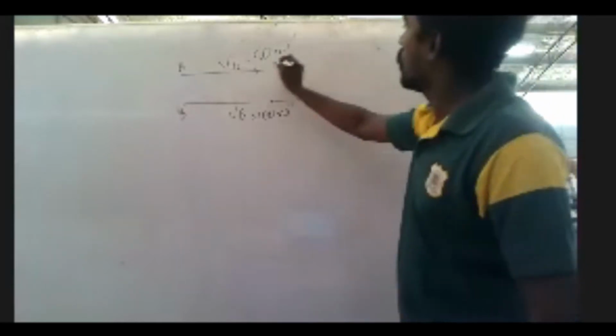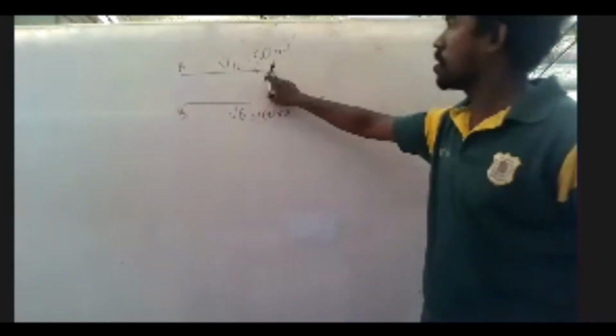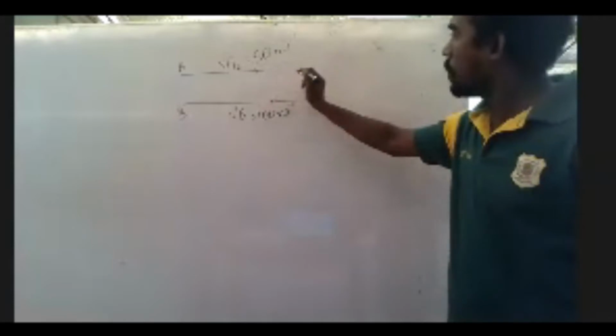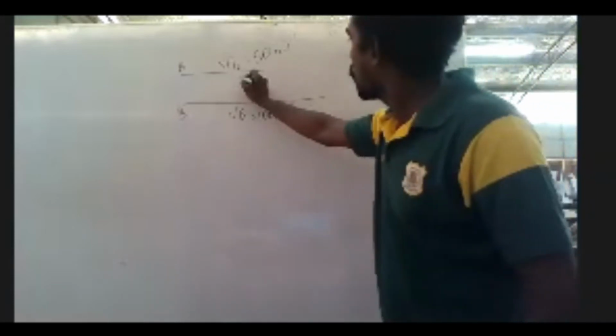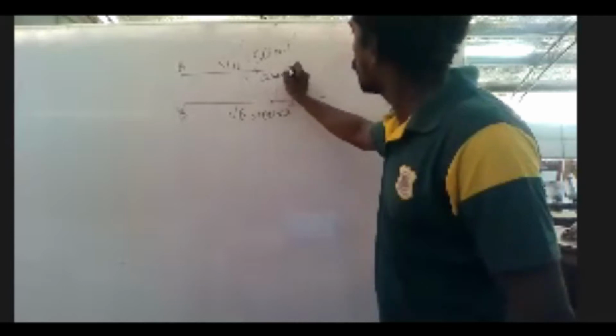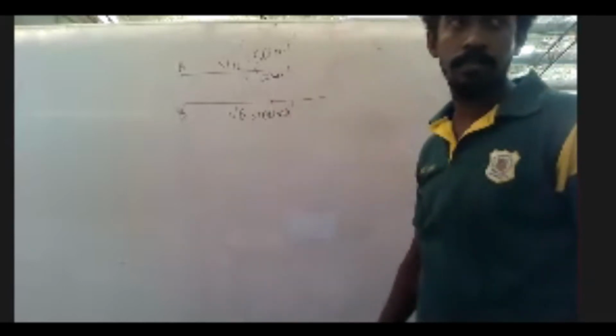A is moving at 50 meters per second this way, so I will give another velocity in the exact opposite direction, again 50 meters per second.